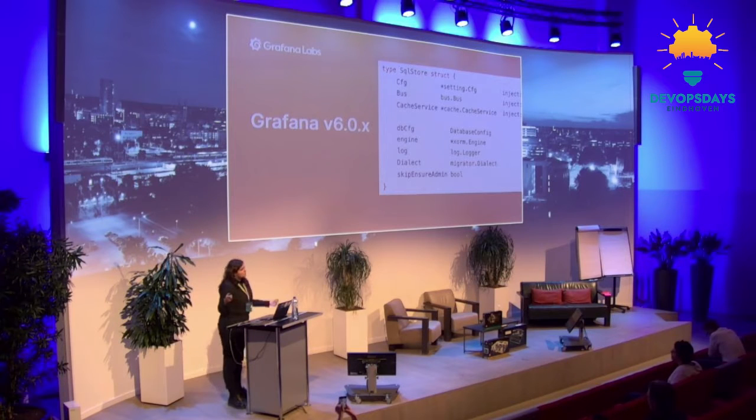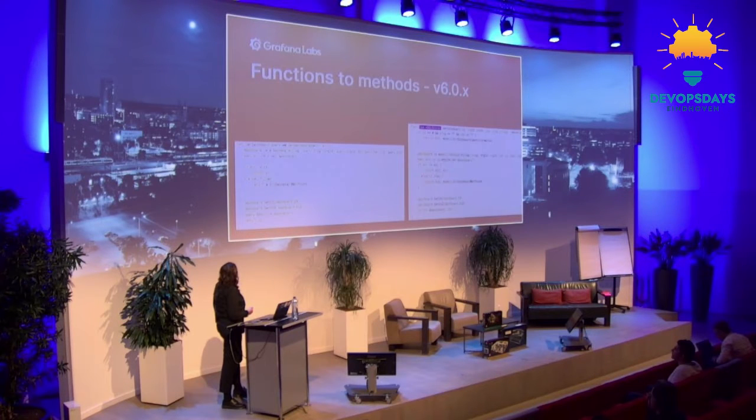Fast forward to Grafana 6, not that much has changed, but there has been a shift from global variables to the struct. It's kind of like a Go object, so to say. We used the SQL store struct for our storage, which hints that we tried to migrate away from the bus framework and functions.